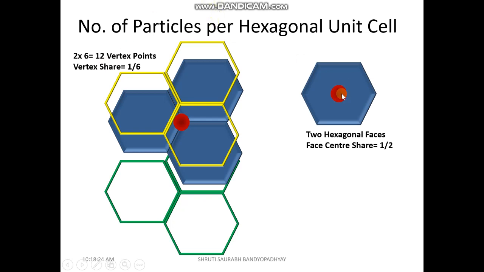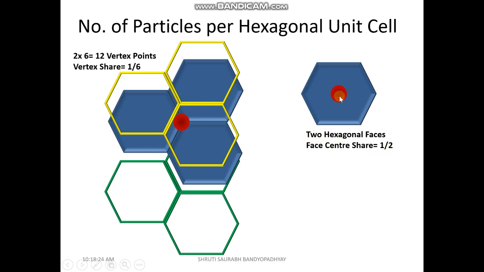Now, what about the particle residing just at the center of the hexagonal face? There are 2 hexagonal faces, and the face center share for one face is half. There are 2 such faces, so the contribution will be 2 multiplied by half.